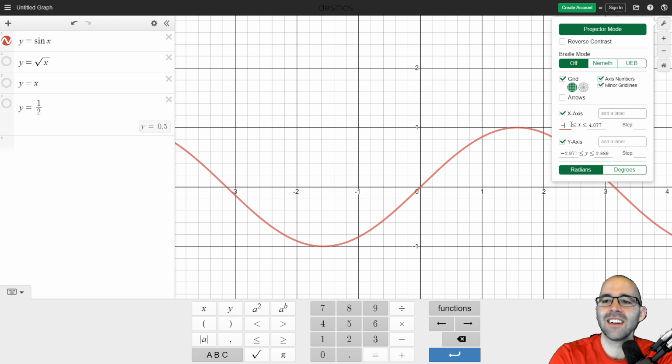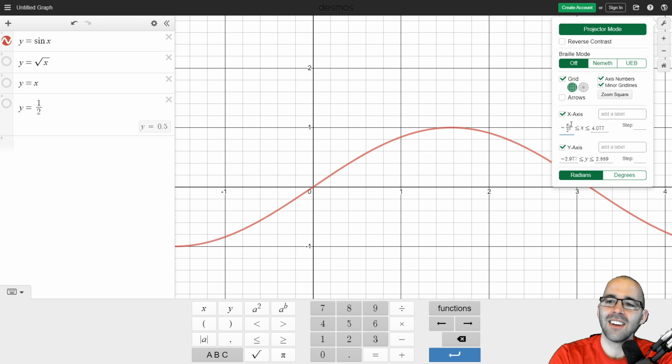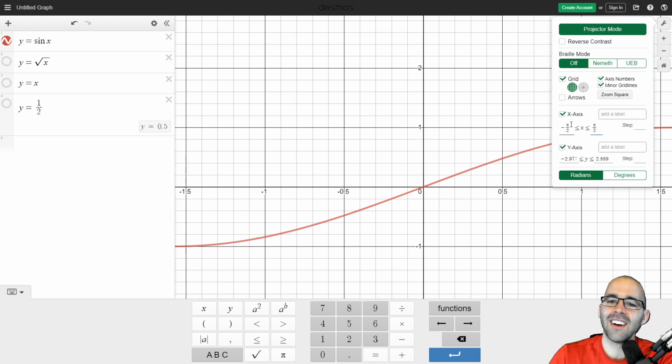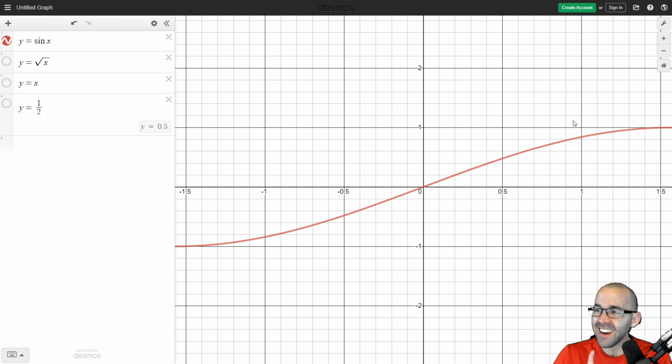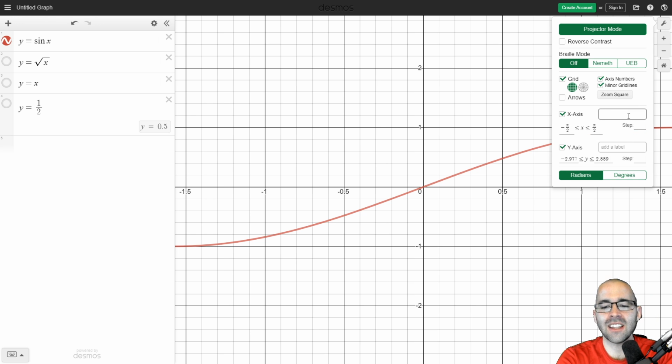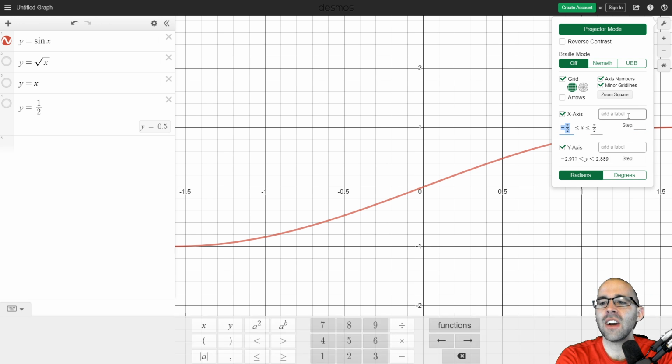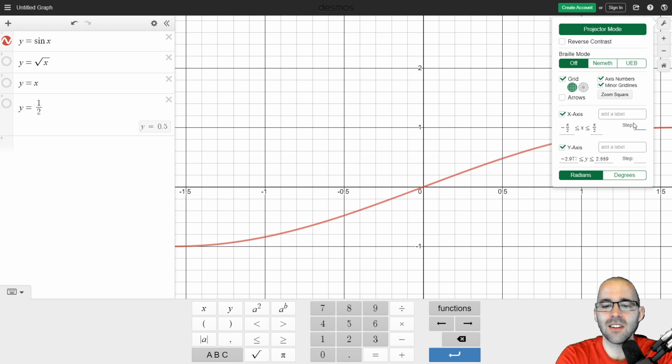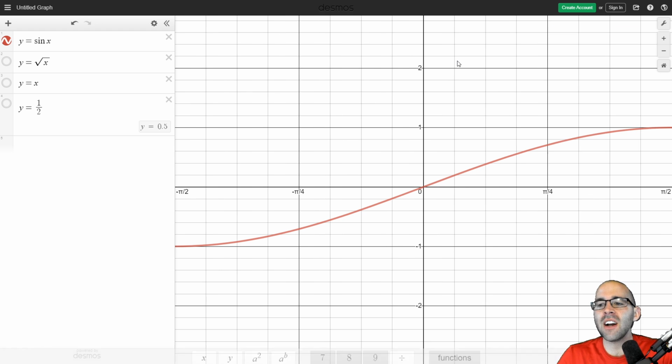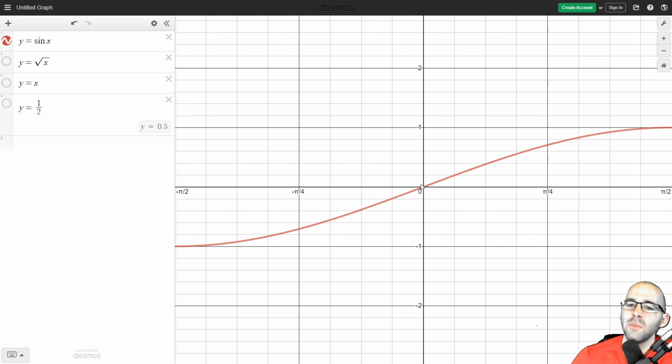But now we pass it. And that's what we're going to be doing in this section. We're going to be talking about inverse trig functions, and the way that we define these inverse trig functions is by restricting the domain.